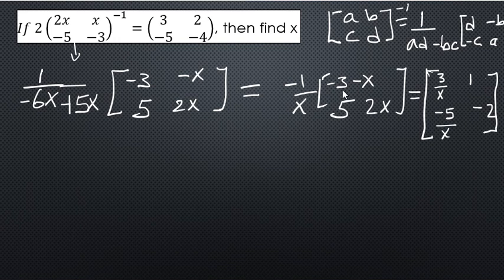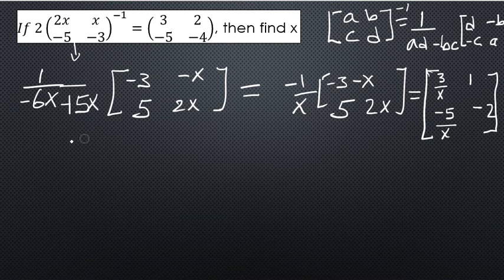Negative 1 over x times negative 3 will be 3 over x. Negative 1 over x times negative x, the x cancels, and the negative becomes positive 1. Negative 1 over x times 5 will be negative 5 over x. And negative 1 over x times 2x, again the x cancels, only negative 2 is left.